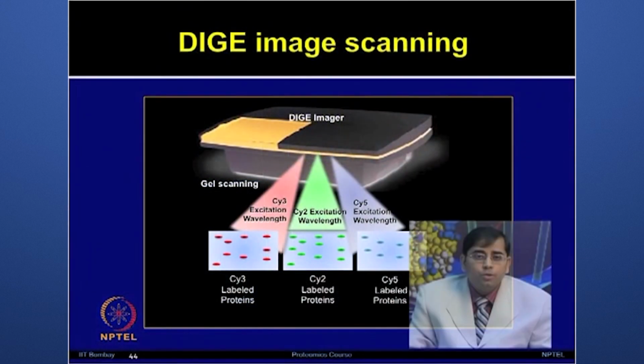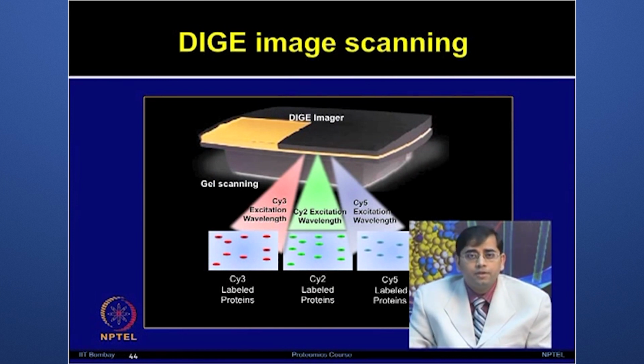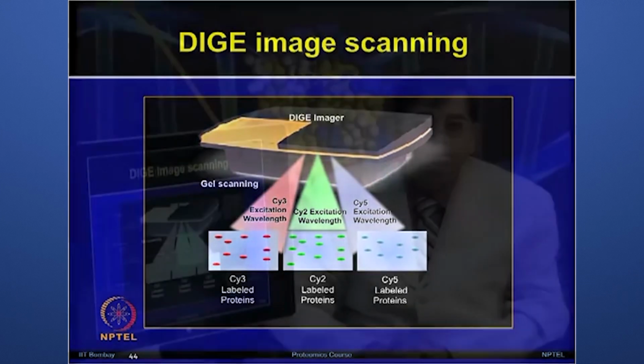Now, this one gel can be scanned by using fluorescence scanners such as the one shown here, the DIGE imager, and Cy3, Cy5 and Cy2 patterns can be obtained.